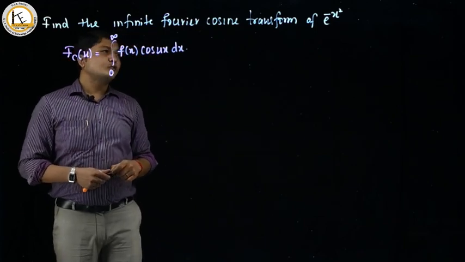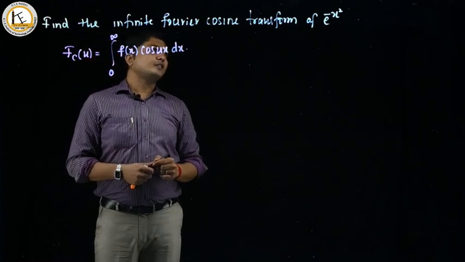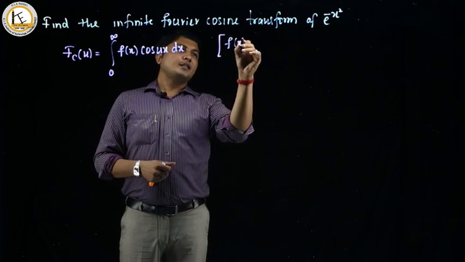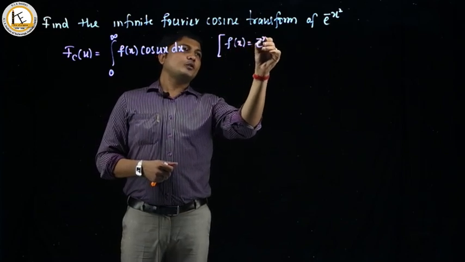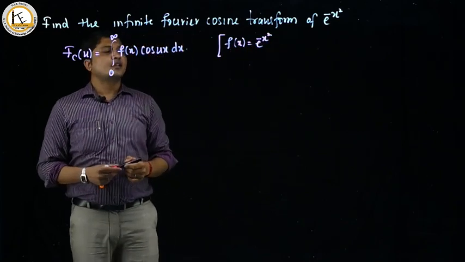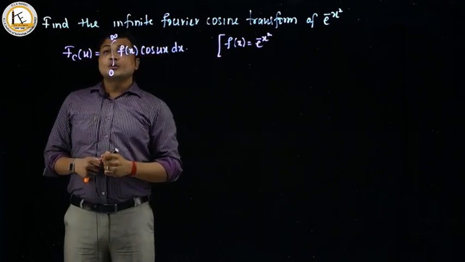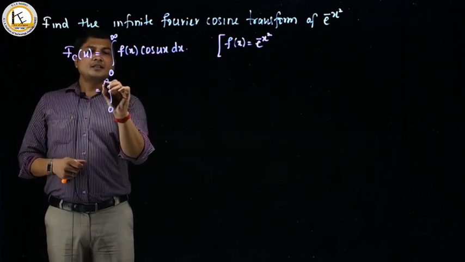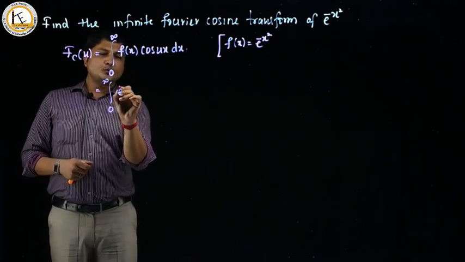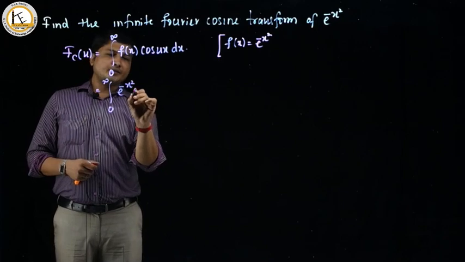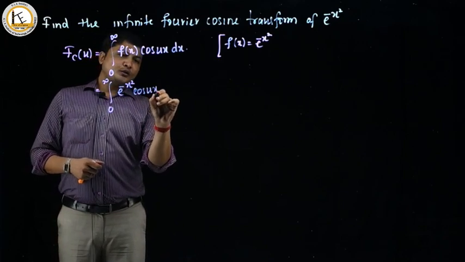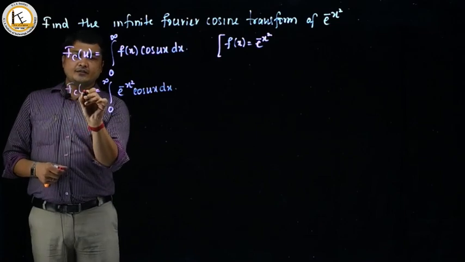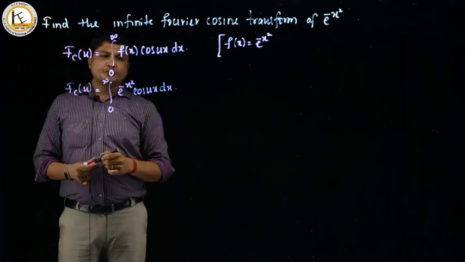Here we need to substitute the given function, that is e raised to minus x square. So given that f of x is equal to e raised to minus x square. So substituting, Fc of u is equal to integral of e raised to minus x square into cos ux with respect to x.